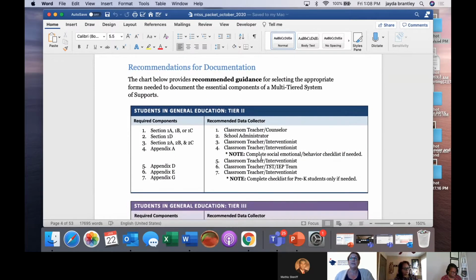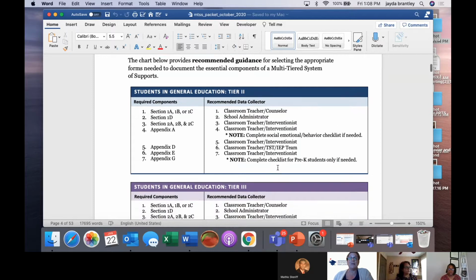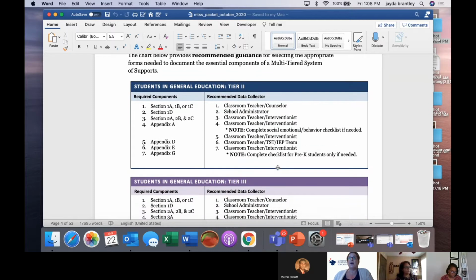Okay, so recommendations for documentation. This page is really beneficial as far as thinking about what type of student I have, what type of student I am documenting. If it's a Gen Ed student who is Tier 2, it basically tells me these are the required components.